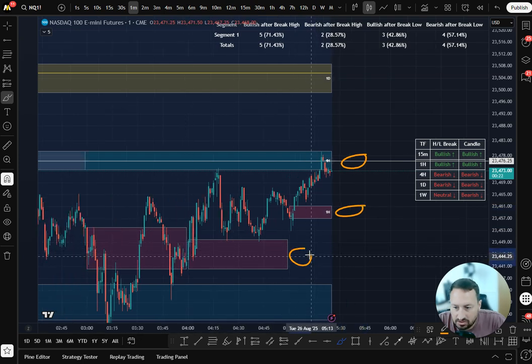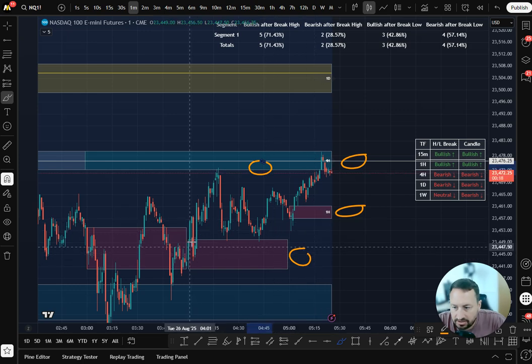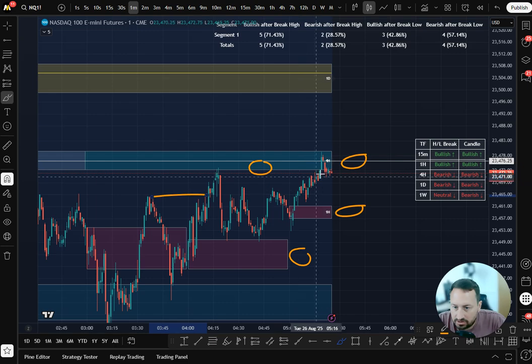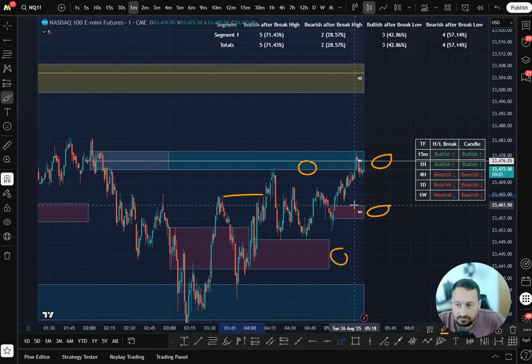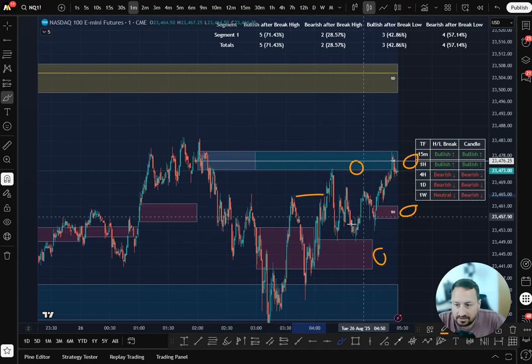So we had our range during this hour, top of the range, bottom of the range. So when we took the previous hour high, this gave us a statistical probability of closing bullish while our 4 hour is bearish. So we know more likely we're going to chop like this, right? Because we haven't got aligned price action. Once the 4 hour is aligned, this can then give us that edge.